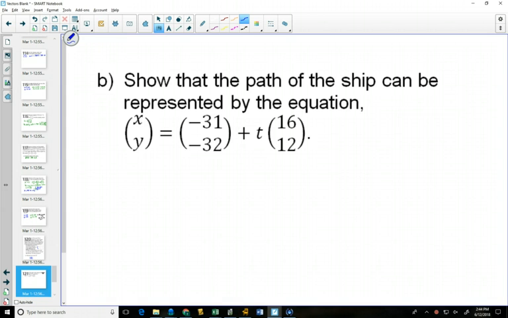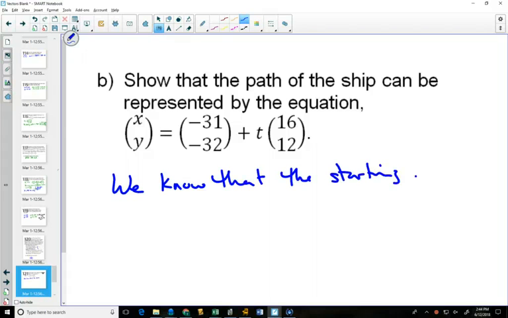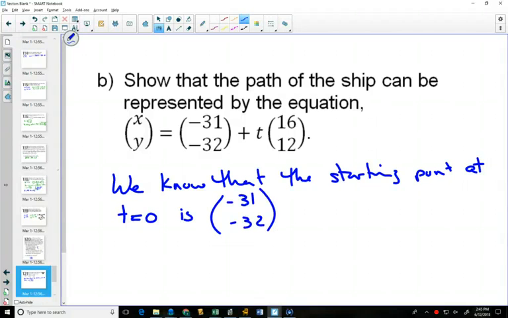So how do we do that? What do we know? We know that the starting point at time equals 0 is negative 31, negative 32. So that part of the equation, we know that that was given to us. What else do we know?